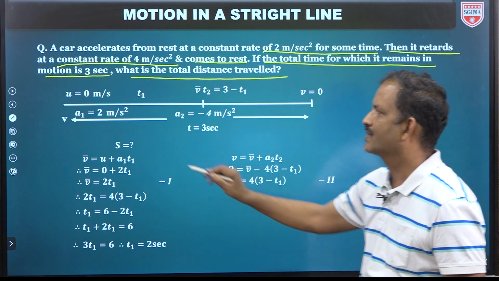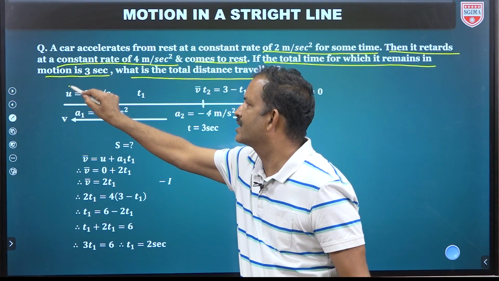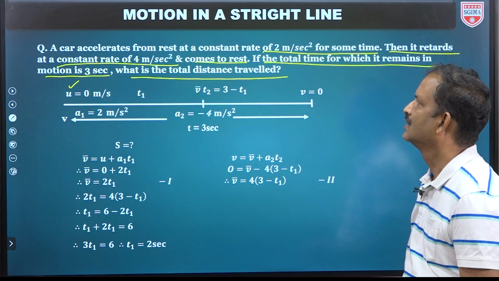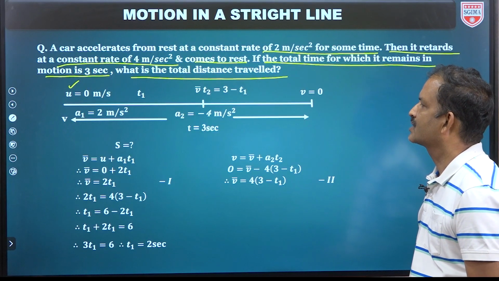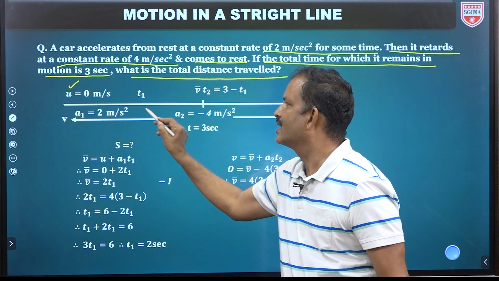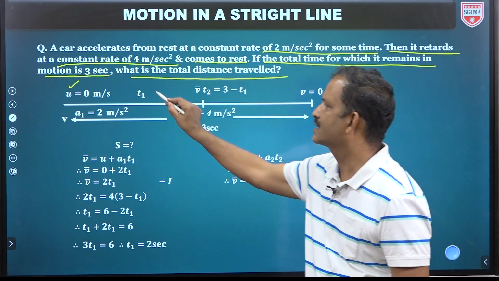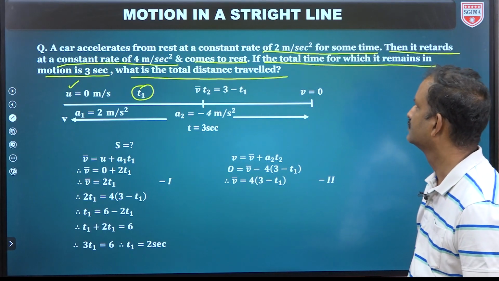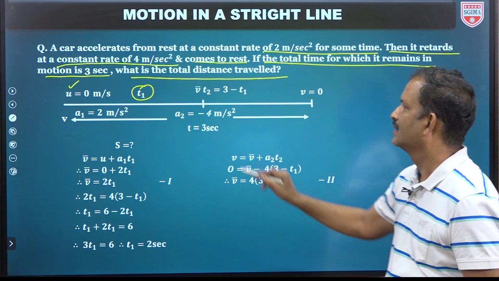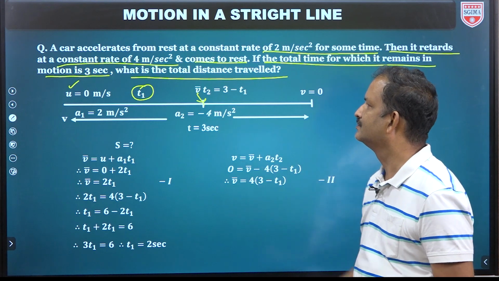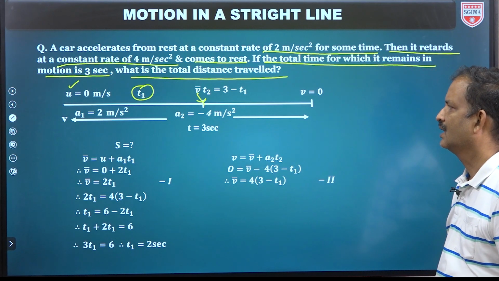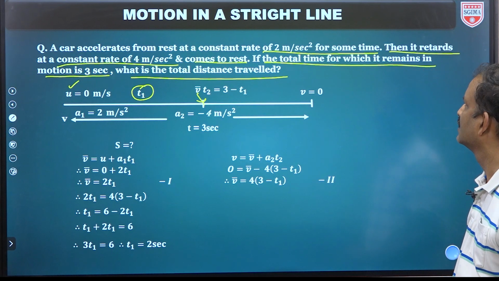First, the car starts from rest, u is 0, at a constant rate of 2 meters per second squared. Let us take this time as t1. Then here the velocity is v.